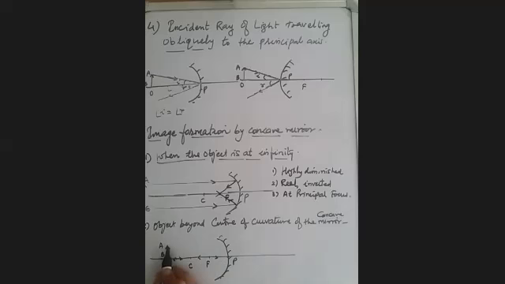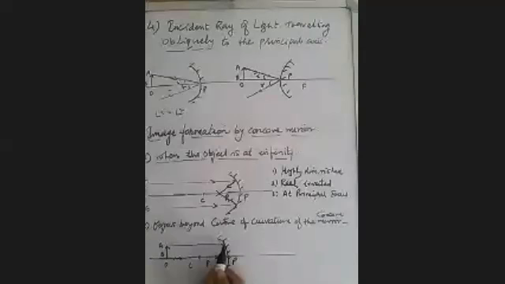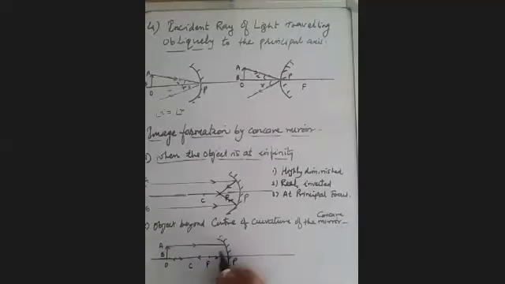Now let us find out the image of point A, and we can consider two rays. When the ray from the point A is parallel to the principal axis, we know whenever a ray is parallel to the principal axis, it always after reflection passes through the principal focus.